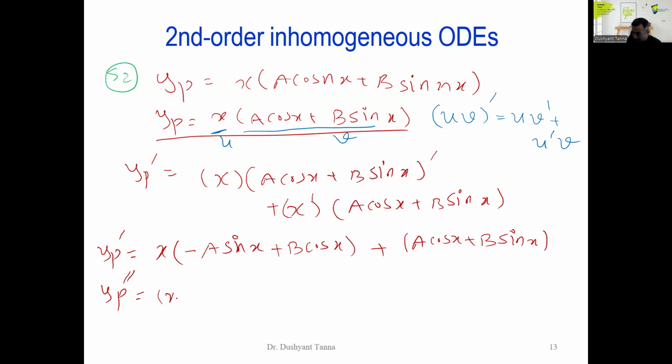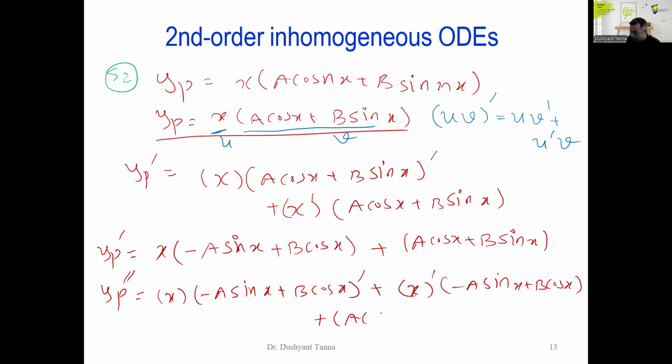Okay. Now yp double dash. So again, x as it is. Differentiation of minus A sine x plus B cos x dash, and the bracket as it is. Plus differentiation of A cos x plus B sin x. I haven't differentiated, I just wrote the uv dash form.